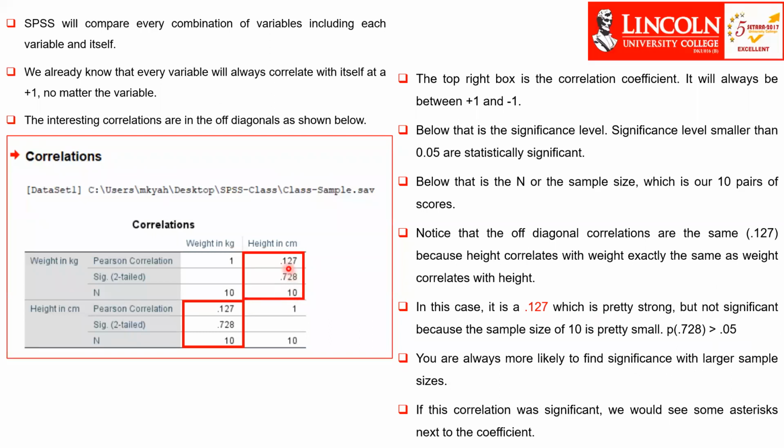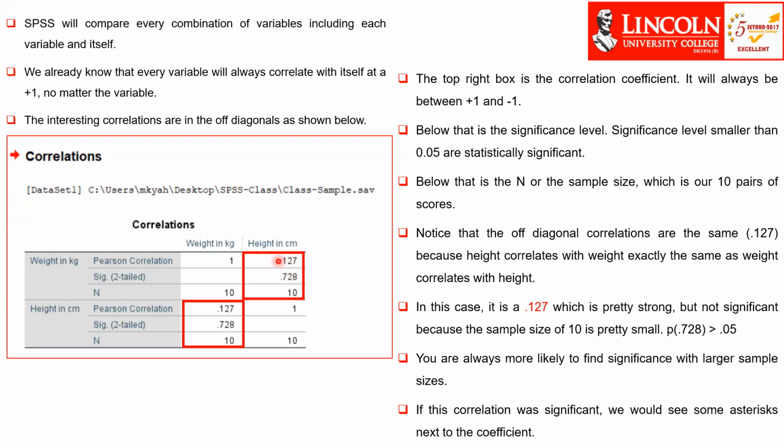In this case, p is greater than 0.05. You are likely to find significance with a higher sample size. If you have a higher sample size, you're likely to get a significant value.